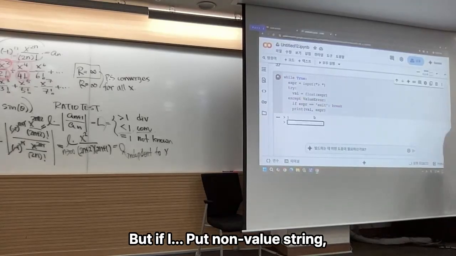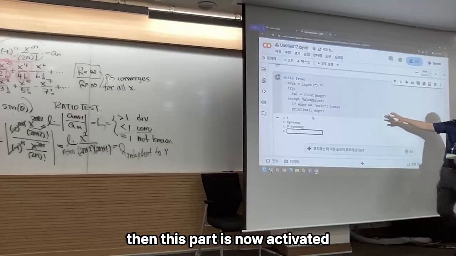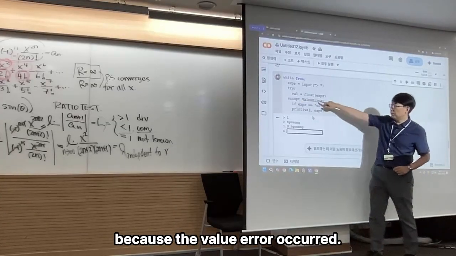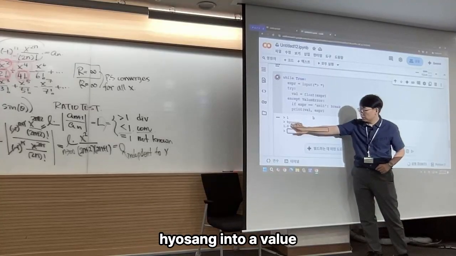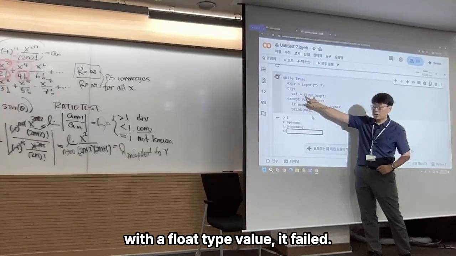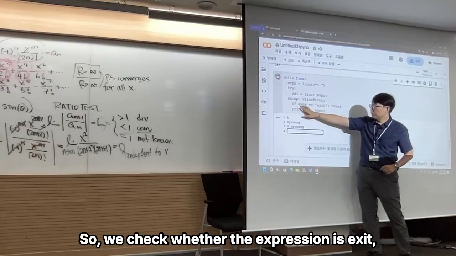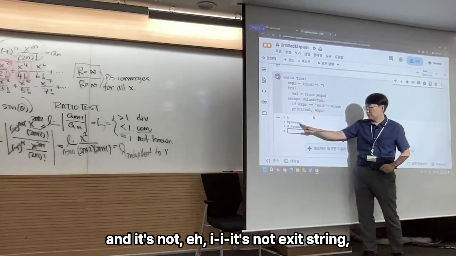But if I put a non-value string, then this part is activated because the value error occurred. It tried to convert my string Hyosang into a float type value. It failed. So it checked whether the expression is exit, and it's not the exit string.